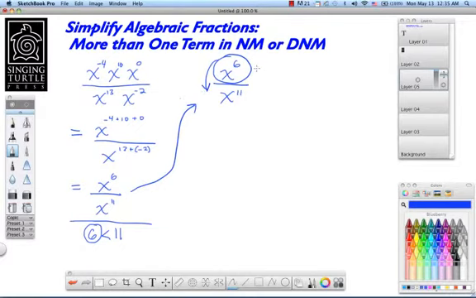Now it's really important to realize that in its place you leave a 1. That 1 goes in the numerator, and it's critical, because if you don't, you wouldn't have a fraction. You would just have a term that looks like it would be in the numerator when it's really not. It's similar to the difference between 4 versus 1/4.